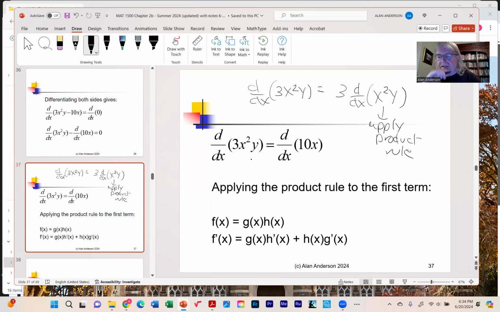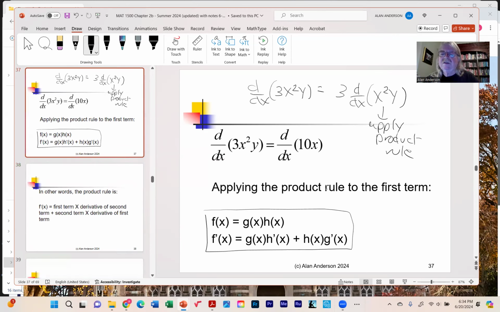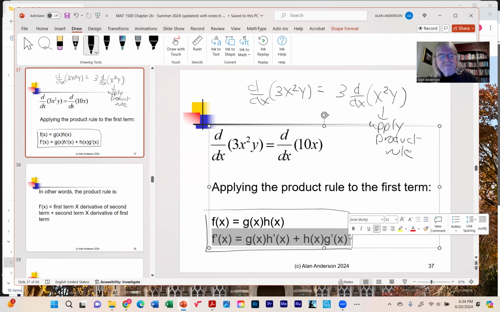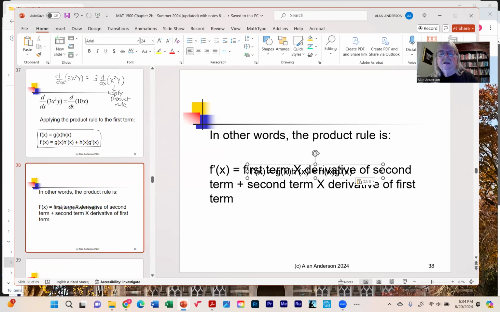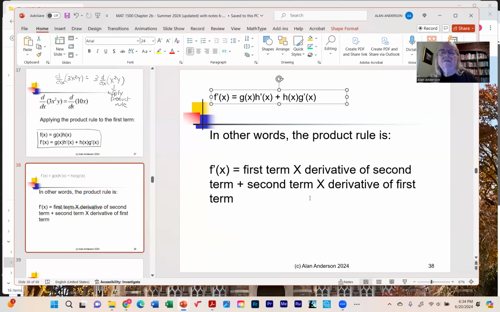Okay, now here's the product rule that we learned before. We're going to use the same logic, but the notation is a little different. So in other words, what I wanted to do is write it out in more English terms. What are we actually doing here?